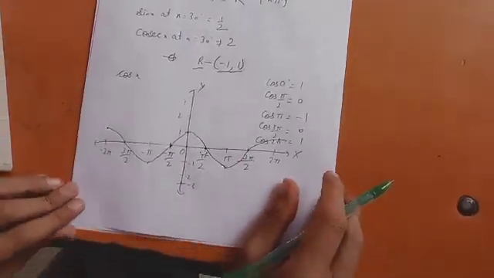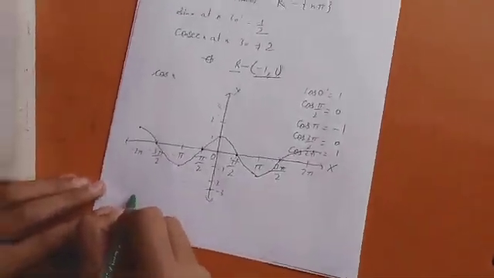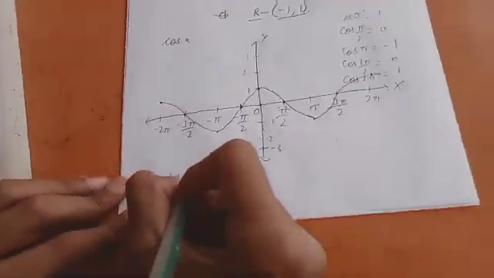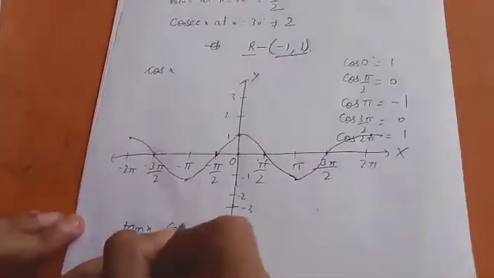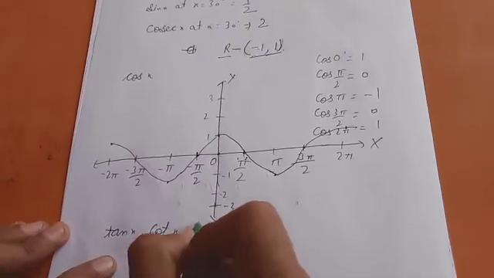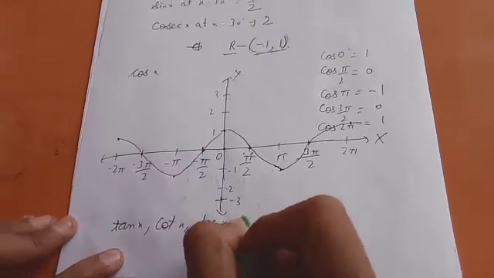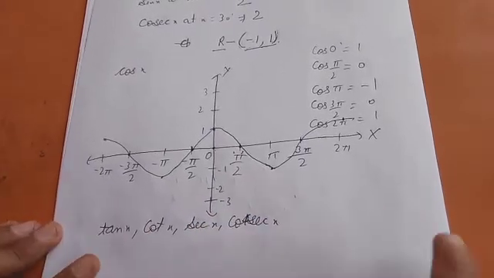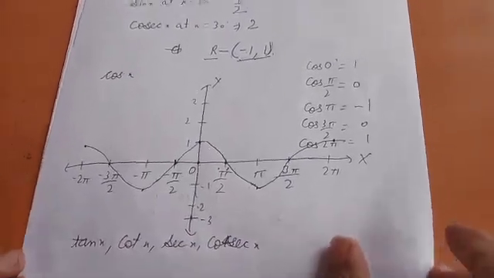Now what you can do is make the graphs of tangent x, cotangent x, secant x and cosecant x in the same way. It's your homework. Now we can proceed with our examples.